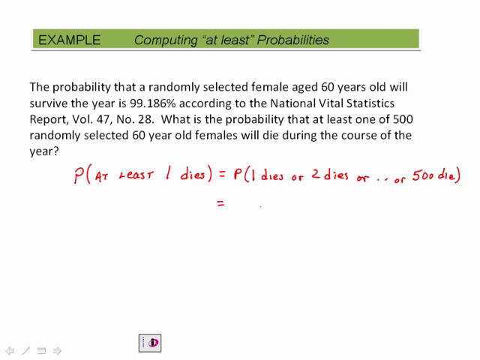So the complement of at least one dying is all 500 survive. So rather than figuring all these probabilities out, I could do 1 minus the probability 0 die, which is 1 minus the probability all survive.